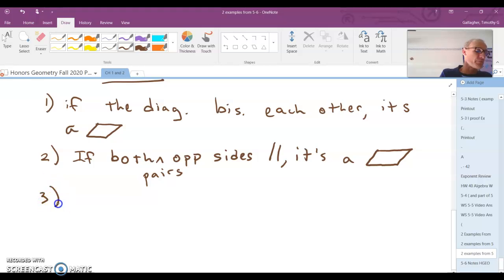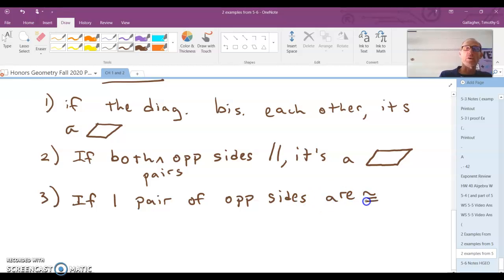Number 3: if one pair of opposite sides are congruent and parallel, it's a parallelogram.